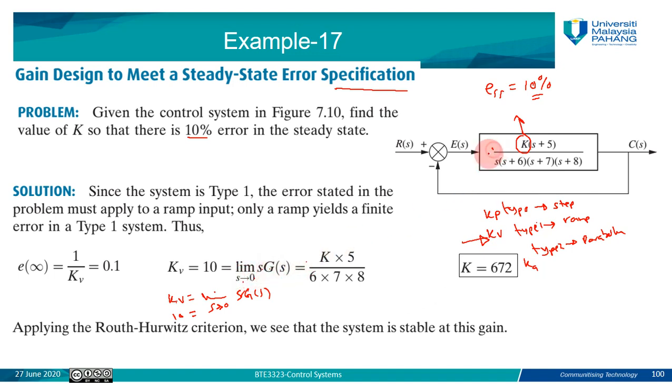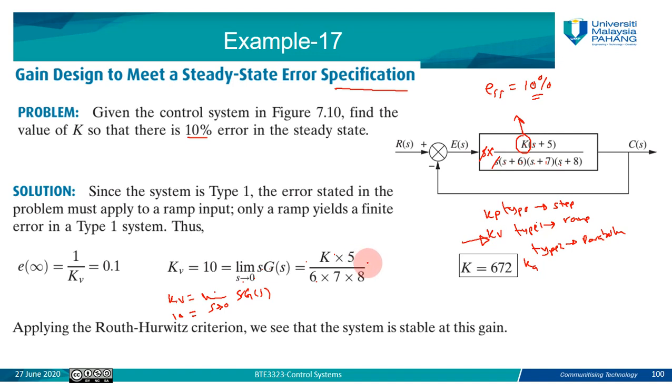If I multiply this by sG(s), this s will cancel with that s, so I still have K and s equal to 0. So I have K times (0 plus 5), which will be 5K, over, with s equal to 0, 6, then 7, then 8, so it will be 6 times 7 times 8.